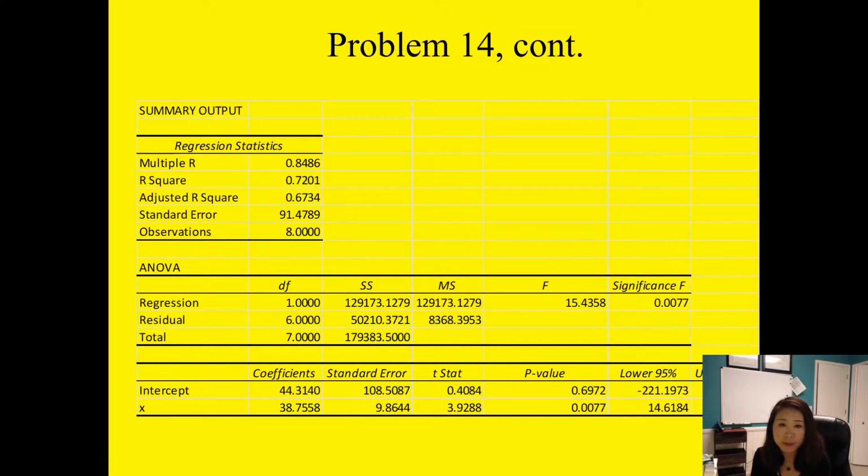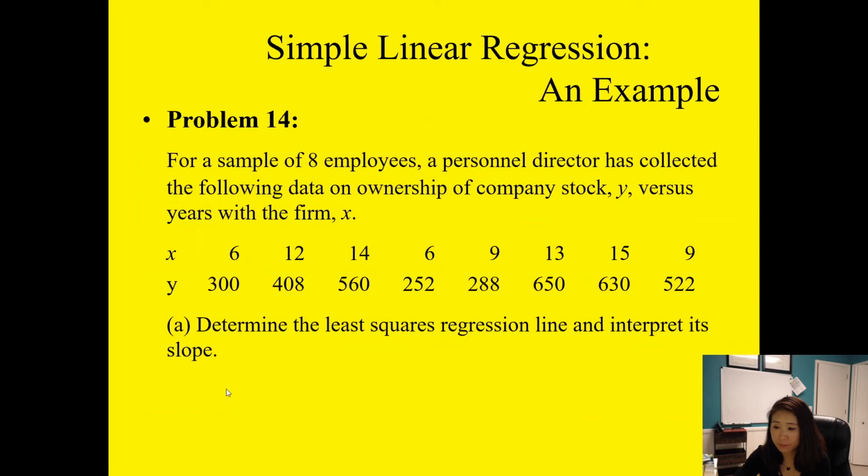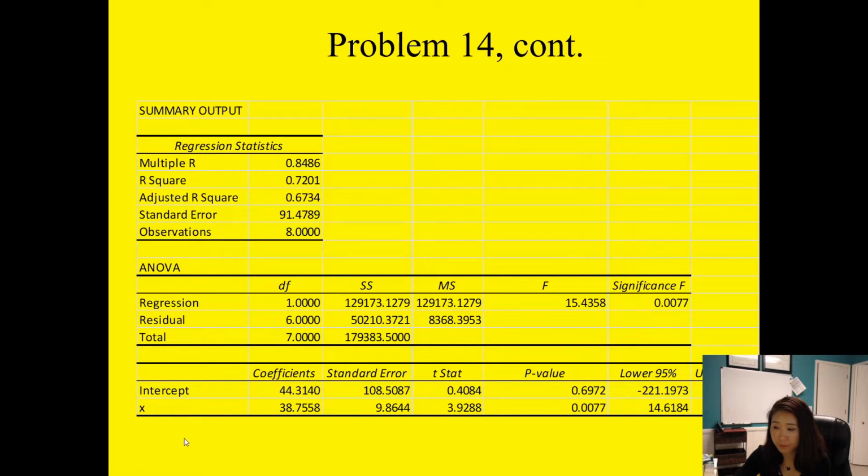If you think about the estimated simple linear regression model, what we try to estimate is the B0 and the B1. So where is the B0? I hope you can use your handout to label it. The intercept, remember B0 is called the y-intercept, and that is where you find your B0.